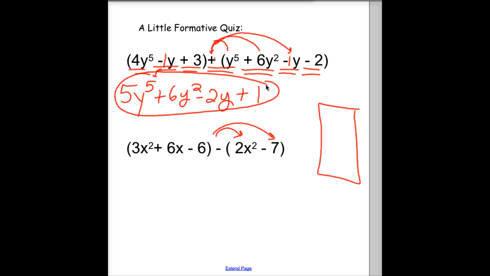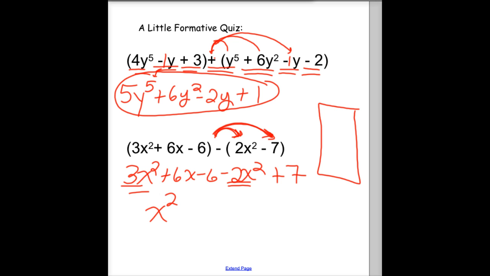With subtraction, you have to pause and show a little more work, because I highly suggest you physically take your pen and hop it in, and if it's just 1 negative, you leave it negative. If it's 2, you make it positive. Now combine your like terms. That leaves me 1x squared plus 6x. And then I'd have a plus 1.